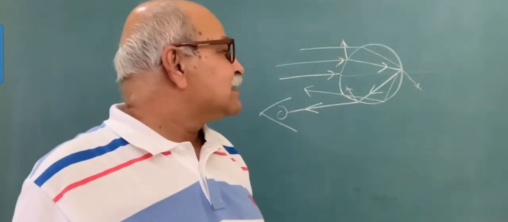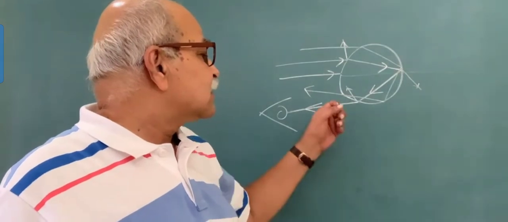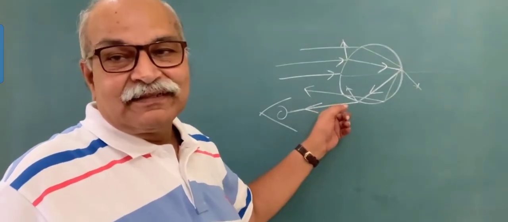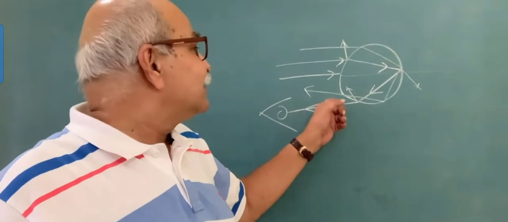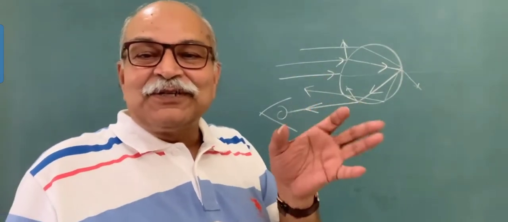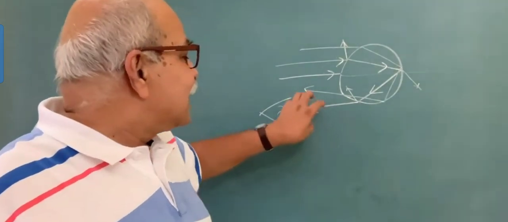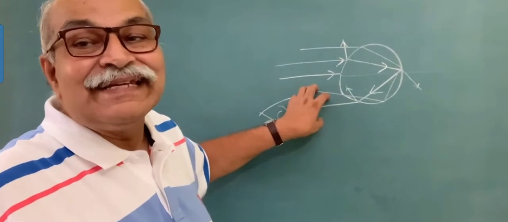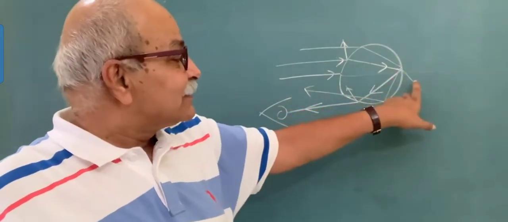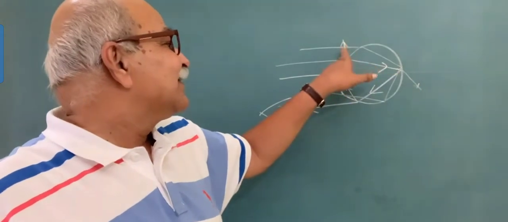And it so happens that if the angle between this transmitted light and the incident light is 40 to 42 degrees, then the light which comes out is most intense, because see, light is also getting lost here. Light is also getting lost here.